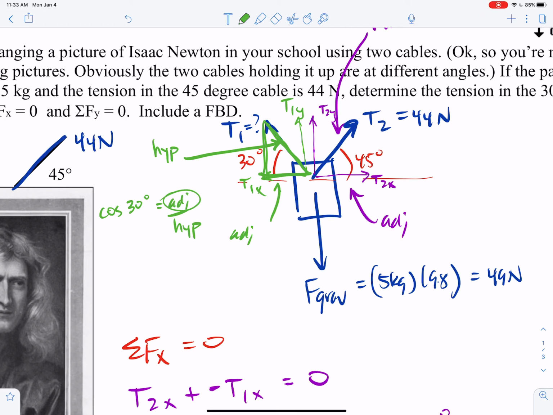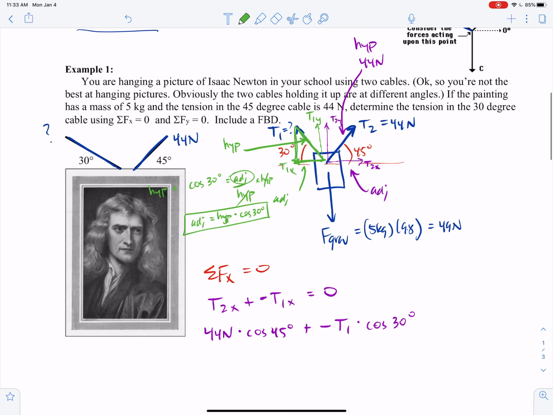So if I multiply both sides by hypotenuse, these go away, right? And I get that the adjacent leg is equal to the hypotenuse times cosine 30. And that is the expression that I used here: T1 cosine 30. Again, the negative means it's just acting to the left.